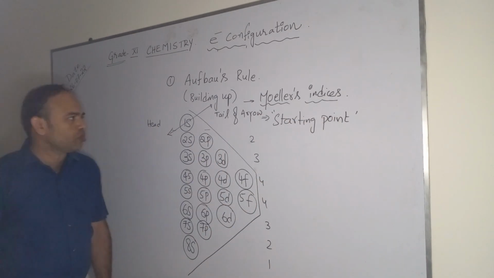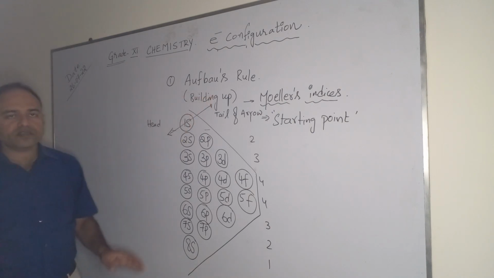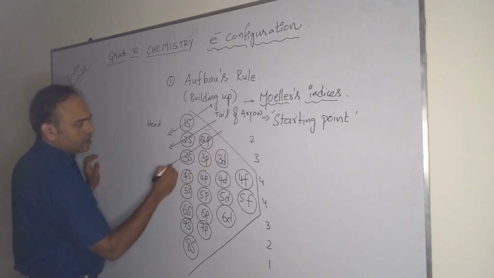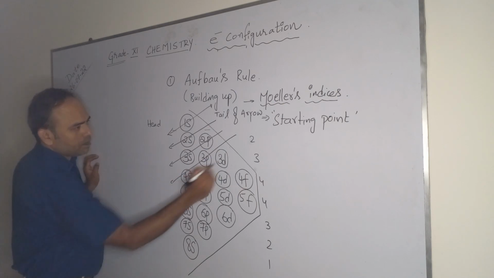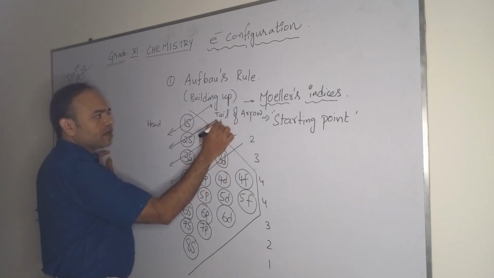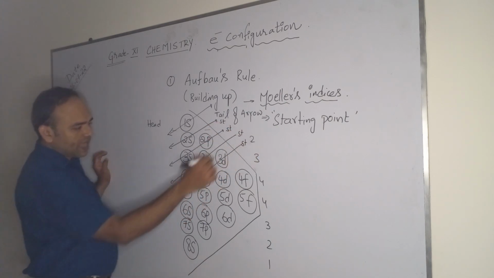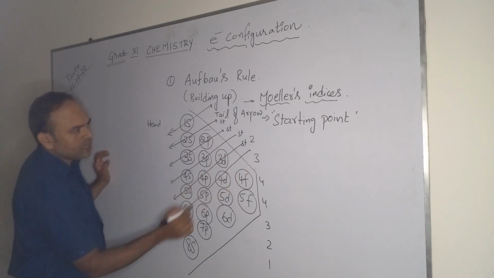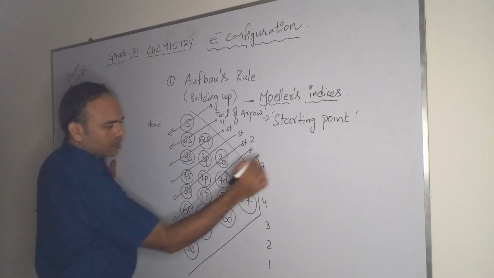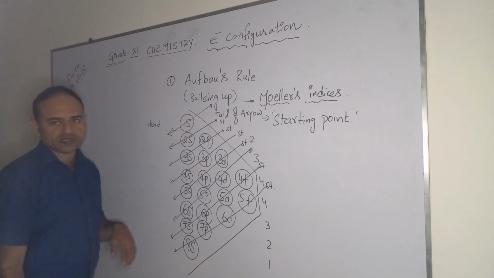Hope you are understanding this point. Don't take from here or go back. What we should do is draw an arrow mark like this. Again draw an arrow mark. So all these tails of the arrows will be your starting points. Hope you have understood this.